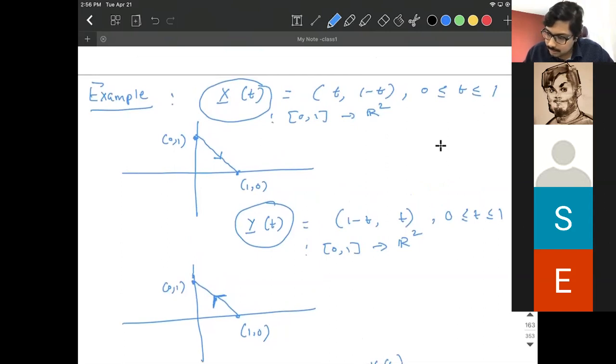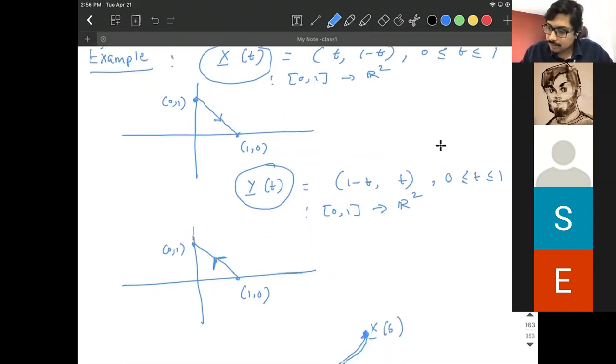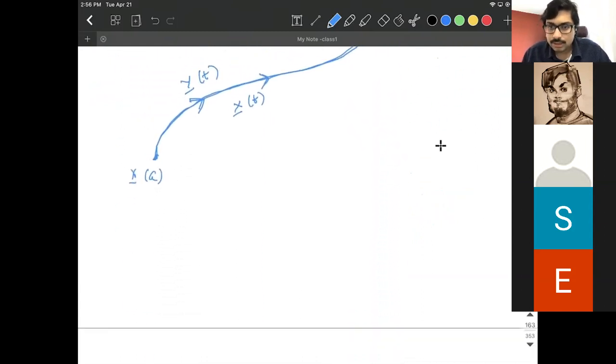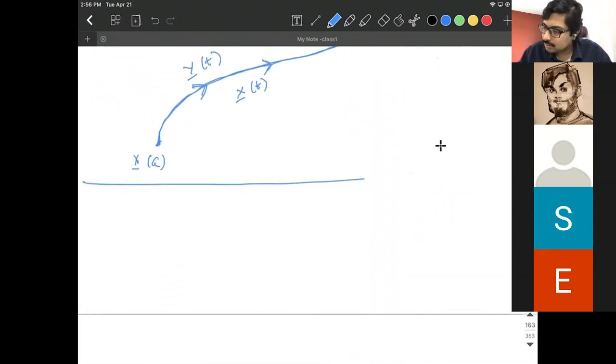So it changes the direction of traversing the path. Okay, so once again, all of these are not really mathematically precise, but all you need to do is to understand what's going on.